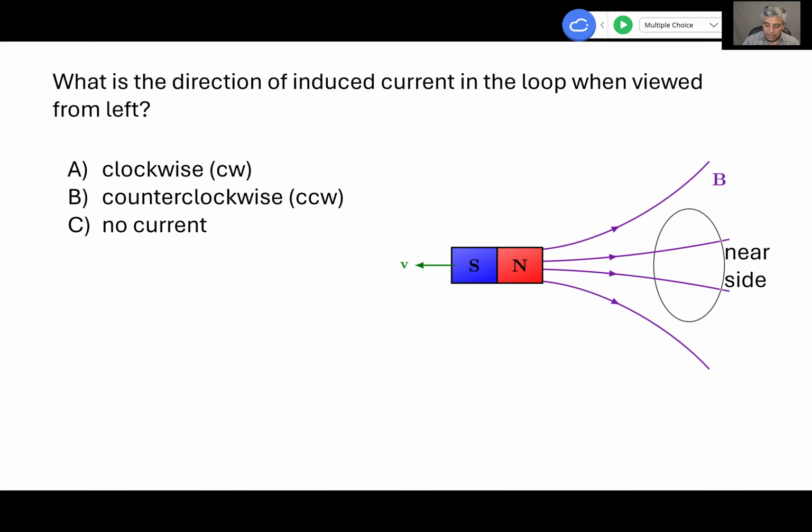This is the near side of the coil, meaning that side is far from us and this side is near. Otherwise, when we look from something like that, it could be confusing. The North Pole is still pointing this way, but now we are moving the magnet away from the coil.